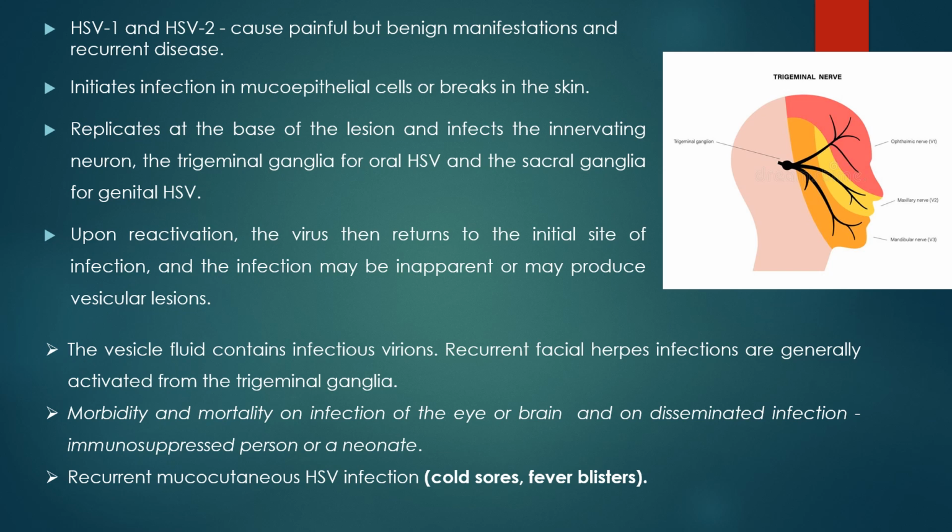Both HSV 1 and 2 can cause significant morbidity and mortality on infection of the eye or brain and on disseminated infections of an immunosuppressed person or a neonate. Infected people may experience recurrent mucocutaneous HSV infection, that is cold sores, fever, blisters.